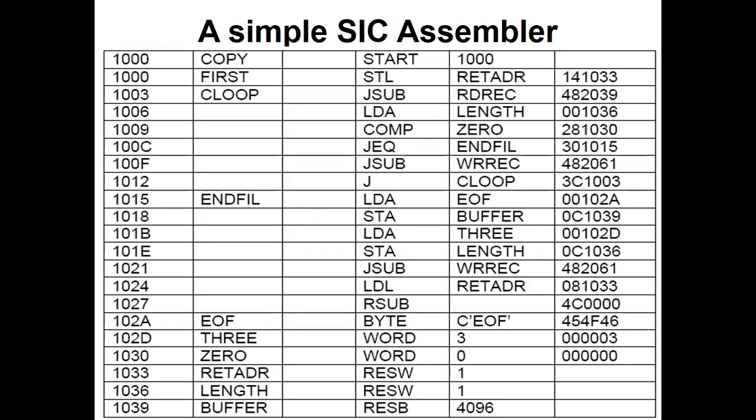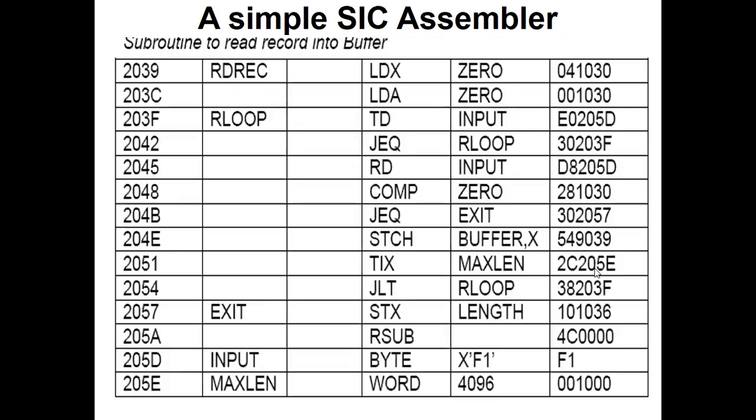Each hexadecimal digit is 4 bits. So how many hexadecimal digits do we need to write 24 bits? I think there are 6. Is that right? Okay. So that's why you see in this column that every instruction is 6 digits. These are hexadecimal digits. Every instruction is 3 bytes, which means 6 hexadecimal digits.